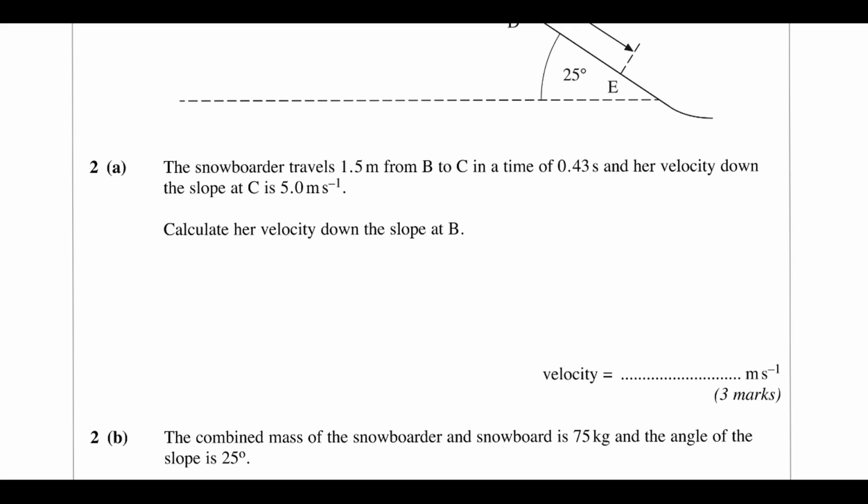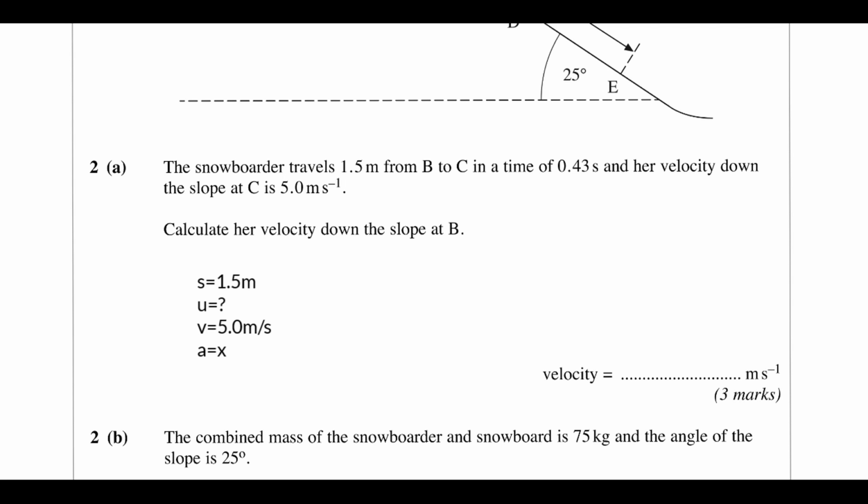So let's put in our motion. Our displacement, I'm going to use down the slope as the positive direction. So displacement is 1.5 meters. The initial velocity is what we're trying to find. At C, we know it's going at 5.5 meters per second down the slope.